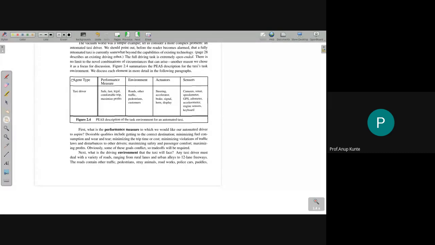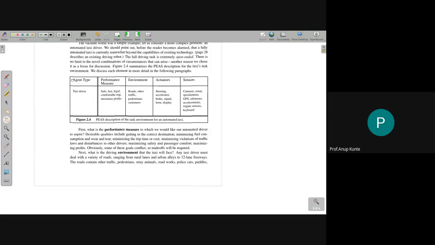So performance measure is one part. The environment in which this particular taxi would travel is another important thing. If you are talking about a city and an automated taxi driver in a city situation, then the road, the other traffic that passes through, and the pedestrians are also part of the environment. The customer will also be a part of the environment of the automated taxi driver.